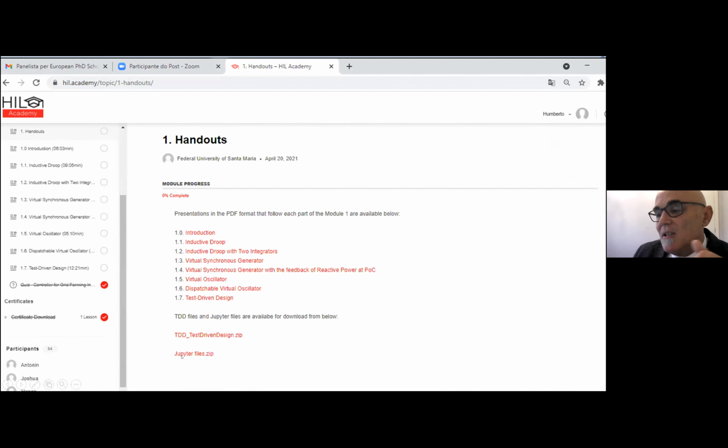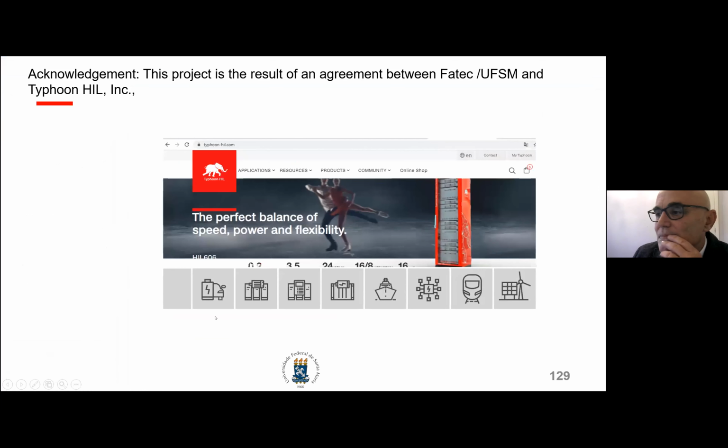In addition, there are these Jupyter files, so you can design the droop coefficient with the eigenvalues and participation factors using these Python scripts to start up your analysis or your simulation.